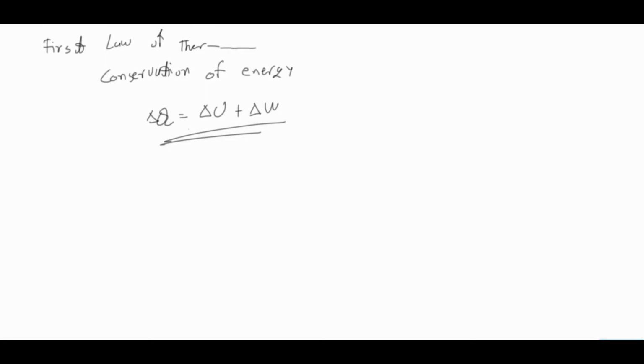Okay, so this is also the most important law of thermodynamics. In this we must use a sign for each and every quantity, that is delta Q, delta U and delta W. Let's say the quantity we have is delta Q. We have to use the positive sign when heat is supplied to the system.